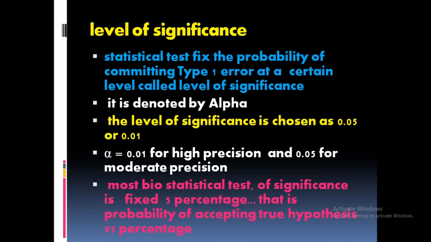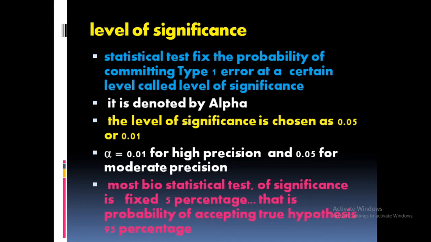Type 1 error may be a chance, but it is not that much of a problem. When you commit a type 2 error, that is a very high risk. Clear? So, level of significance minimizes committing type 2 error. It is the probability of committing type 1 error and is denoted by alpha.